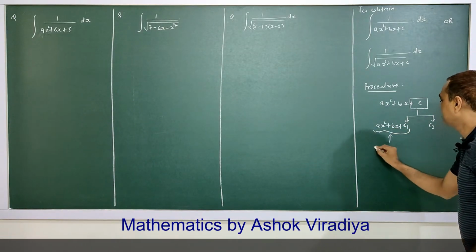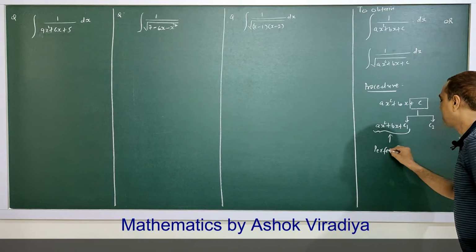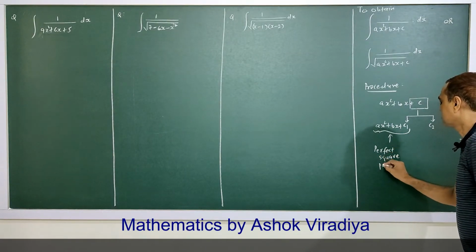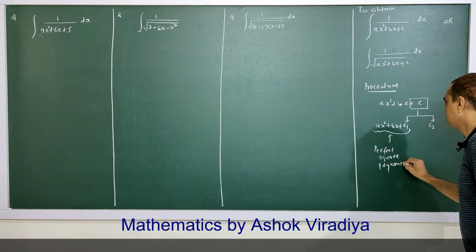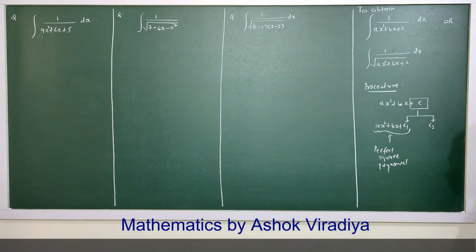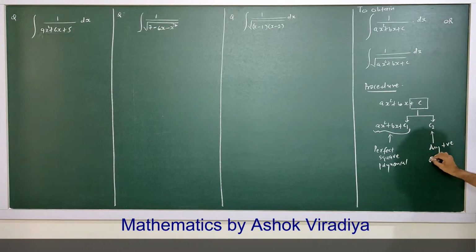This should be a perfect square polynomial. And this other number can be any positive or negative real.